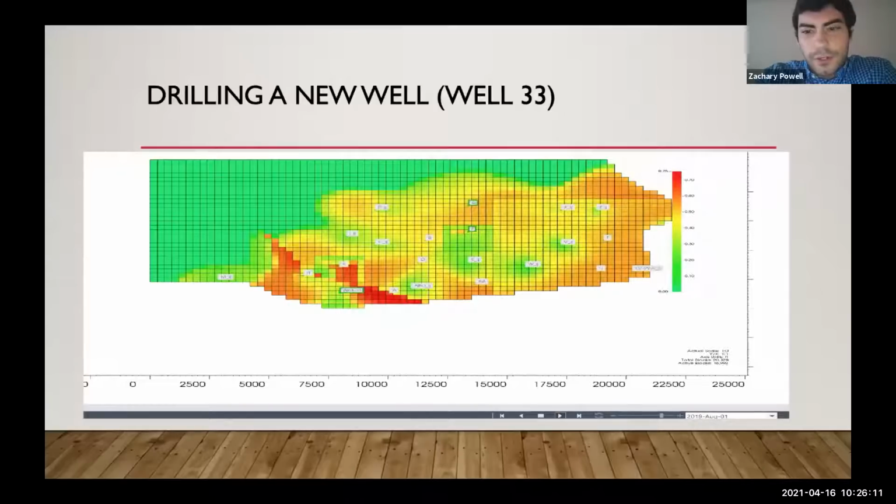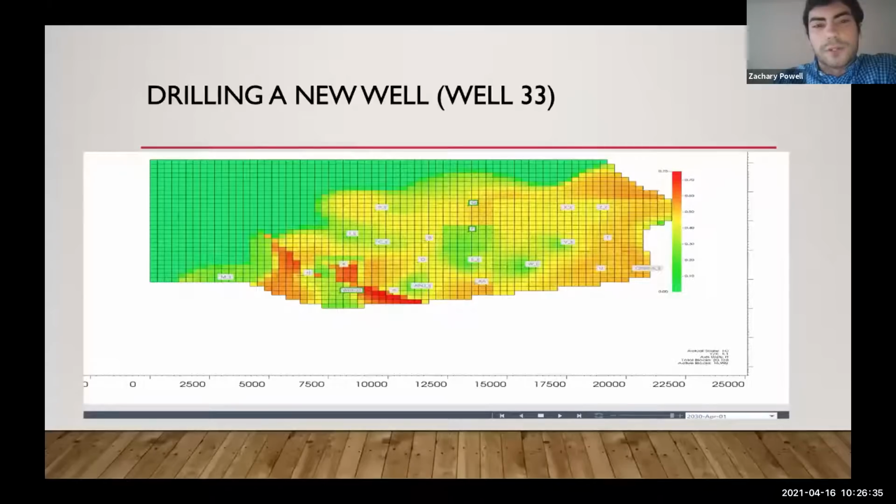The time is still going. It's around 2020 right now. Well 33 produced a lot of oil really fast, but it's not sweeping all the way, and it's not producing at high rates in the late stages of its history. It produced very high rates at first, but then it dropped off very fast.